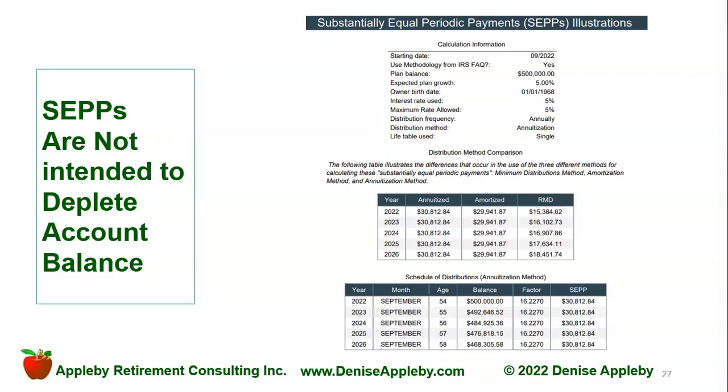Now notice that at the end of the distribution period, they still have a significant amount remaining in the account. So 72T payments, while it does deplete some of the retirement assets during the program, are not intended to withdraw the entire balance of the account.